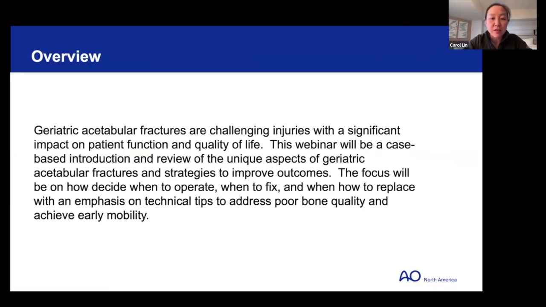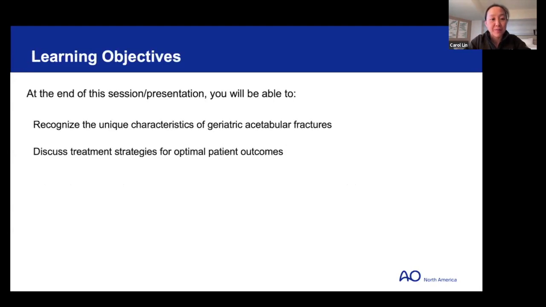So to get things started, the geriatric acetabular fractures are kind of a unique entity, different from your typical high energy young acetabular fractures. We are hoping to focus with this webinar on the unique aspect of these patients and their injuries and ways that we can improve their outcomes. We're going to be talking about when to operate, whether or not we should be operating, if we're going to fix it, if we're going to replace it, and if we decide to fix or replace, specific technical aspects of how to make sure that that surgery goes well and then the patient recovers as best as we can help them do that.